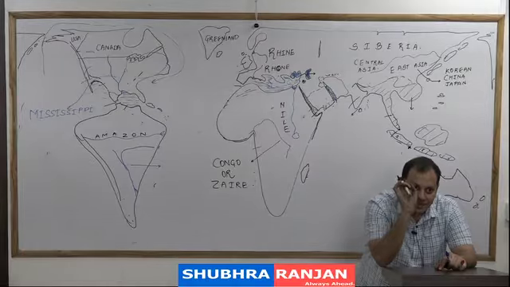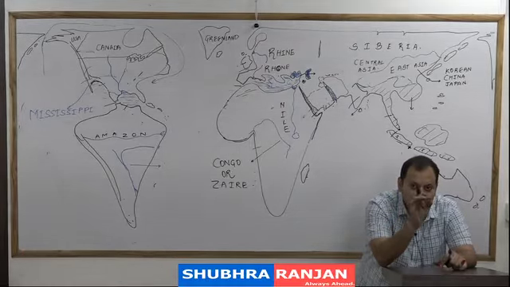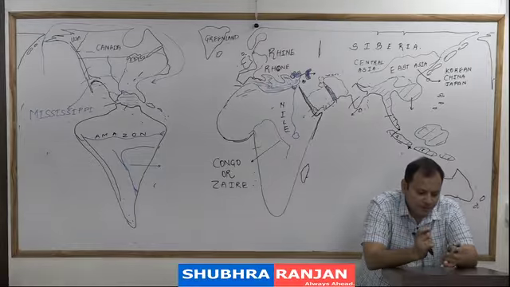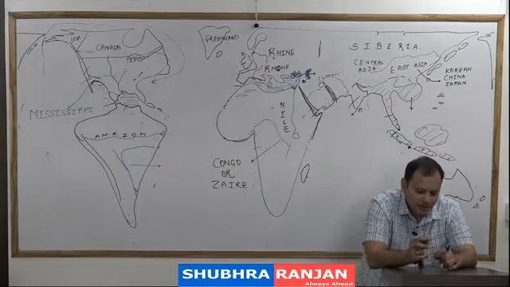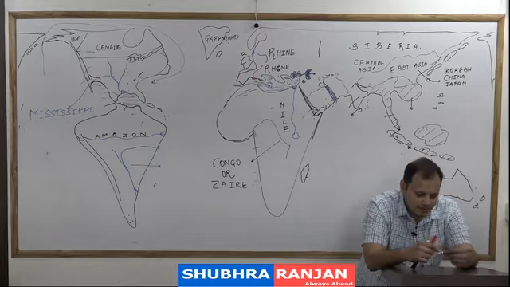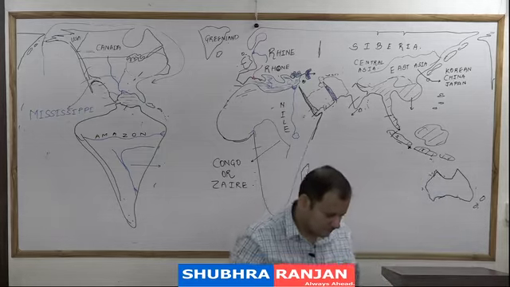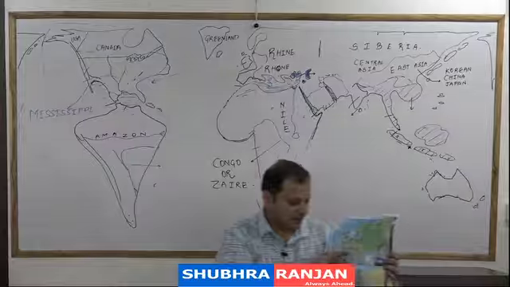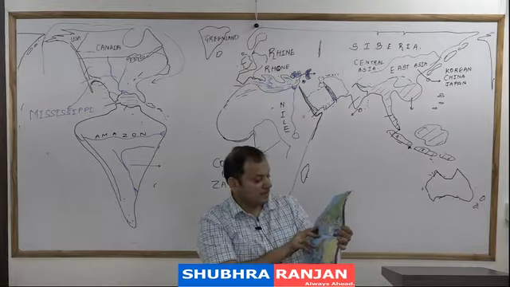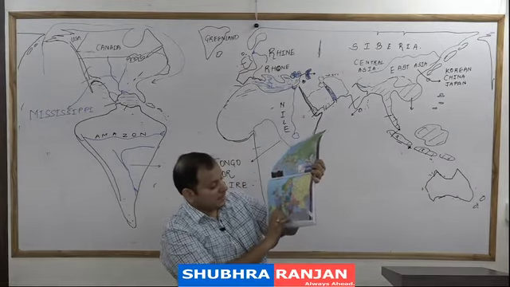Now, why is River Rhine so important? Just open the map of Europe. And when we see the map of Europe, कहाँ पे देखना है आपको रिवर राइन, जहाँ पे कोपेनहेगन लिखा है.